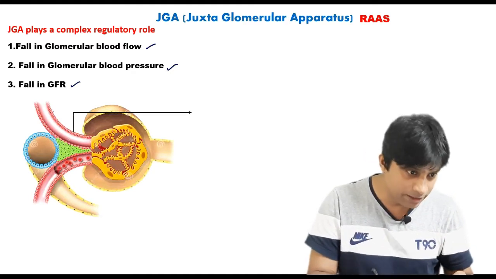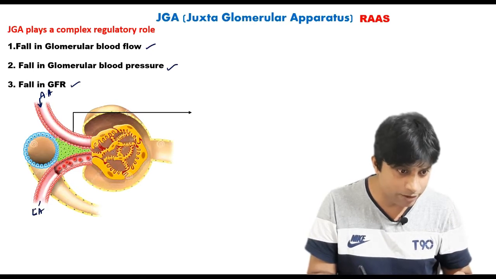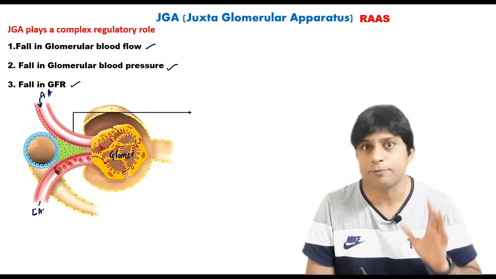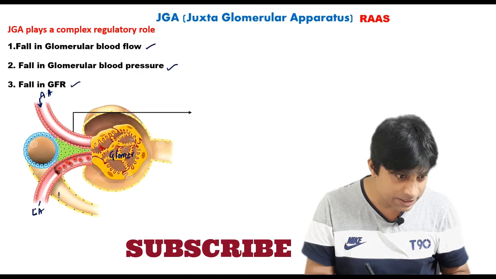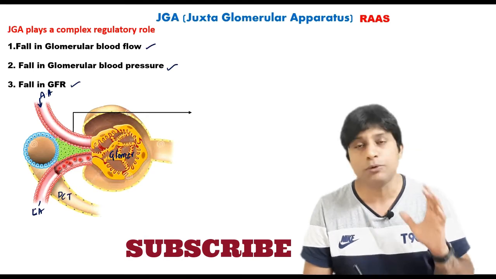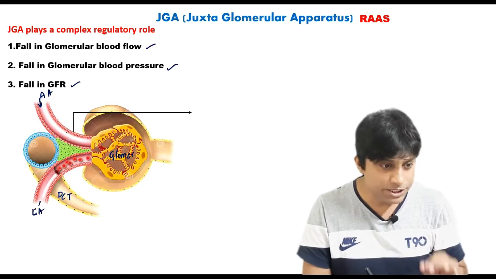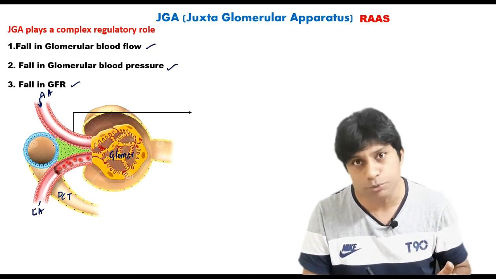So this part is known as the efferent arteriole, and this part is the glomerulus. We are not going to talk about the glomerulus at this moment. Now this is the Bowman's capsule. Now this part of the nephron is the distal convoluted tubule.